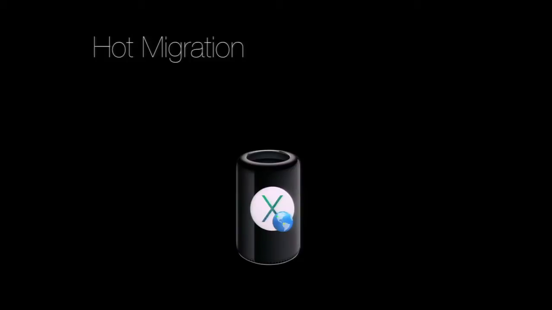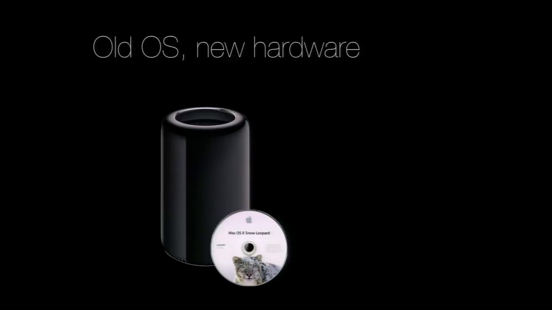Another feature which is really interesting is the ability to use an old system on new hardware. When you use a virtualized system, you are able to install and run your Xsan Snow Leopard server on the new Mac Pro. This will work and this will be supported.